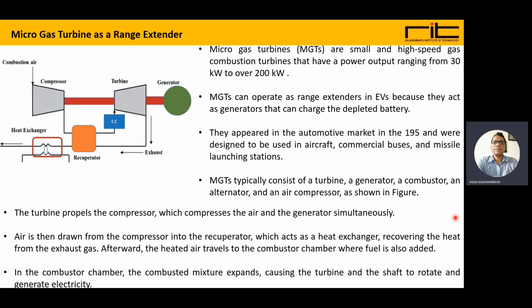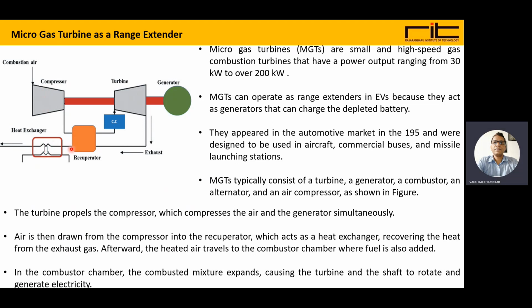A micro gas turbine typically consists of a turbine, a generator, a combustor, an alternator, that is a generator, and a compressor to compress the air.